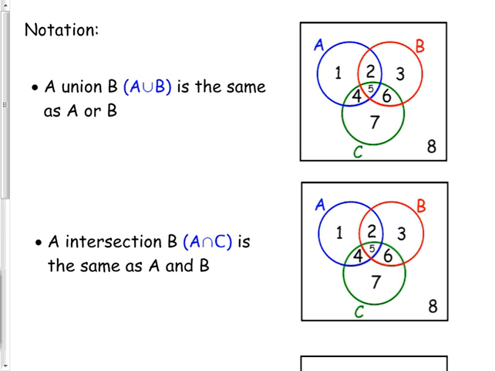A union B. Now, look at A, B, and C. This is like, you like dogs, you like cats, and you prefer, I don't know, hedgehogs. I like that. I haven't used that one in a long time.